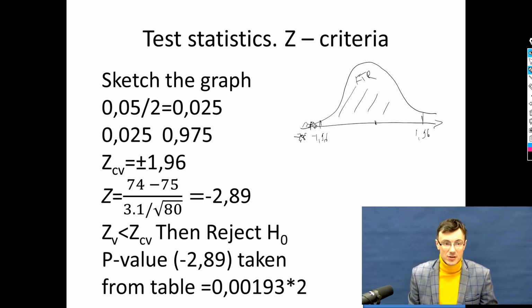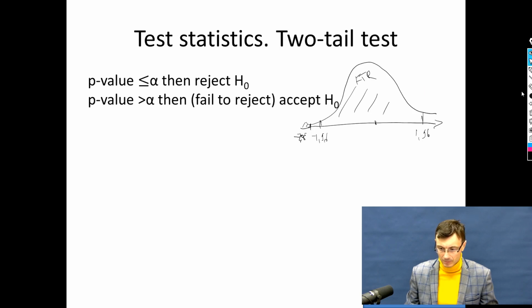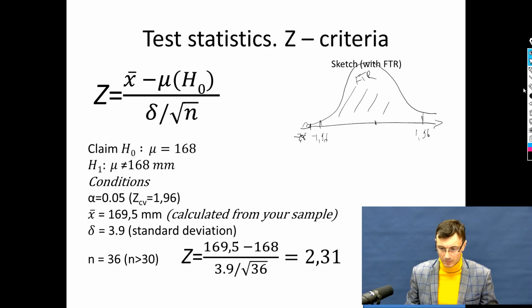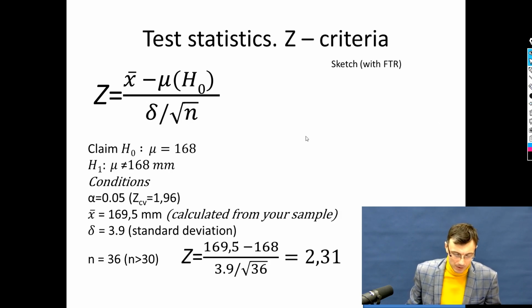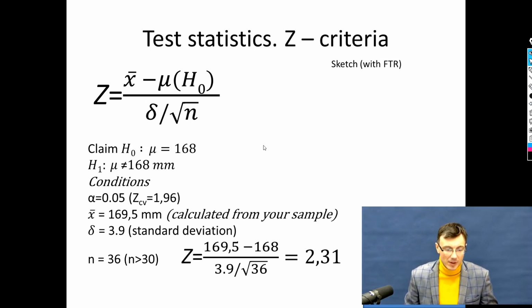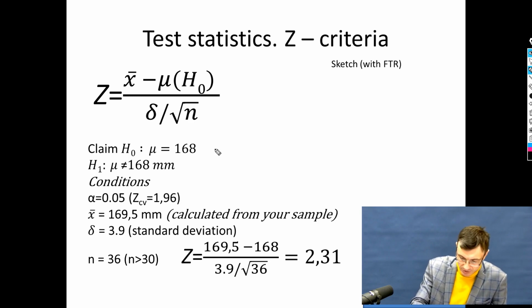So then the next example. We have this data that claims that something has a mean of 168, and the alternative hypothesis is that it is not so, and with such conditions we make a sketch as usual.